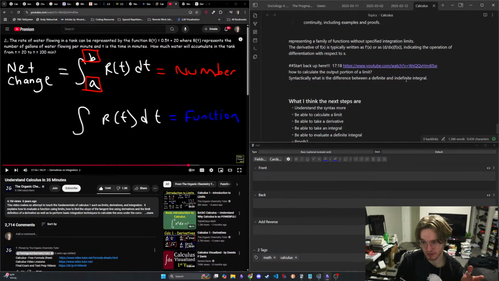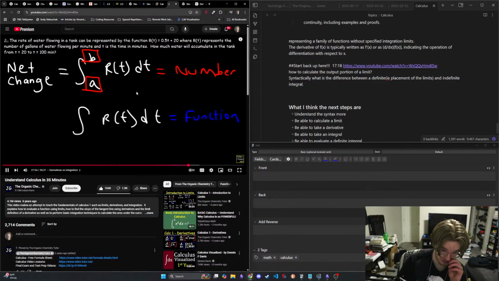I guess we also have limits, so I'll also put in parentheses, i.e., placement of the limits. Perfect. So make sure you understand that key difference between definite integrals and indefinite integrals.